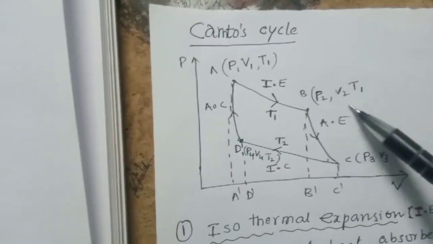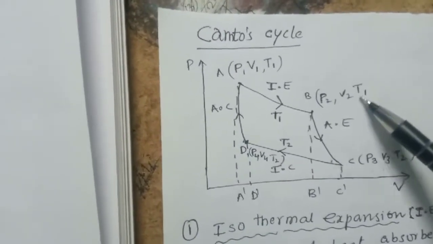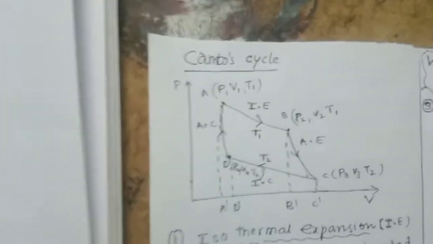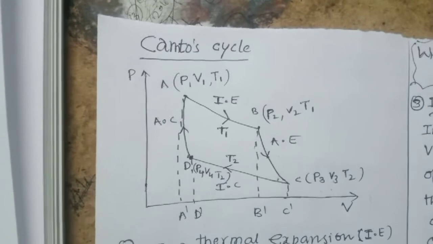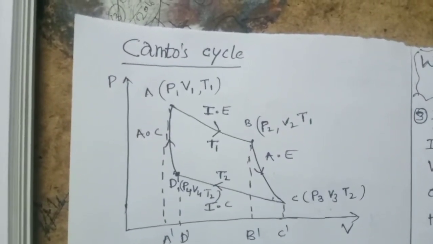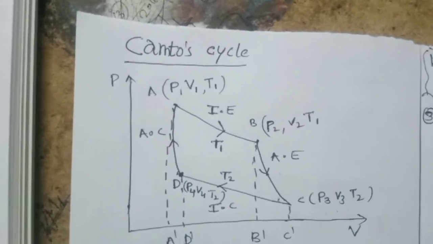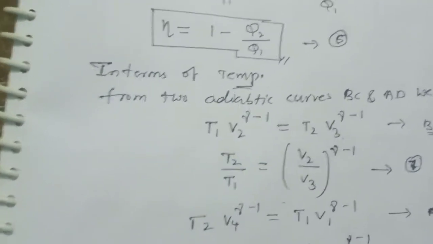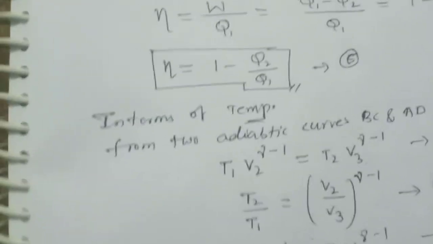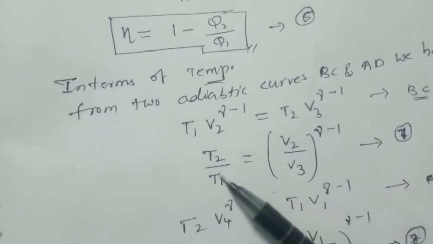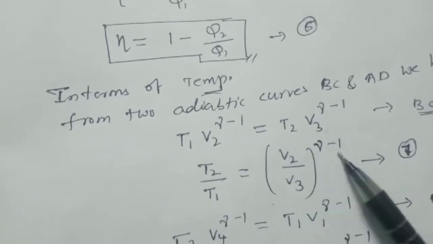At B we have T1 and volume V2, that is T1 V2 power gamma minus 1, and at C we have T2 V3 power gamma minus 1. So T1 V2 power gamma minus 1 is equal to T2 V3 power gamma minus 1. From this we get T2 by T1 is equal to V2 by V3 power gamma minus 1.